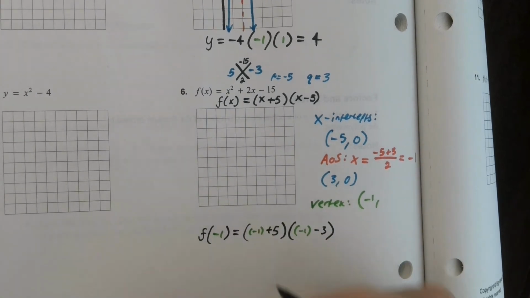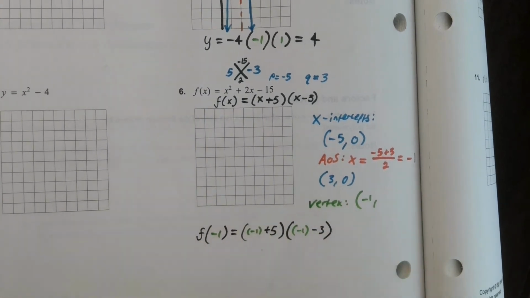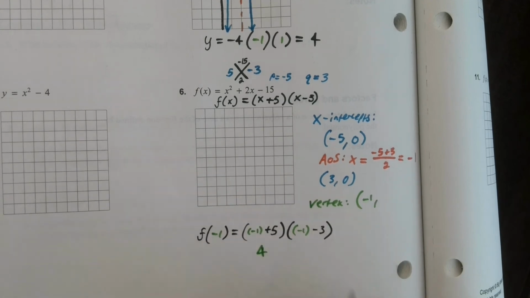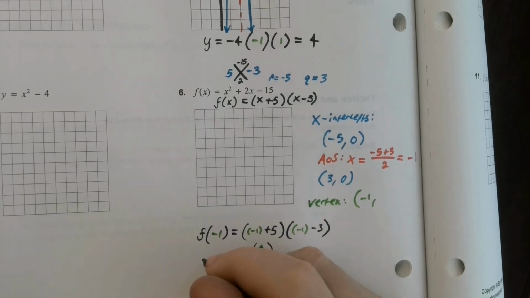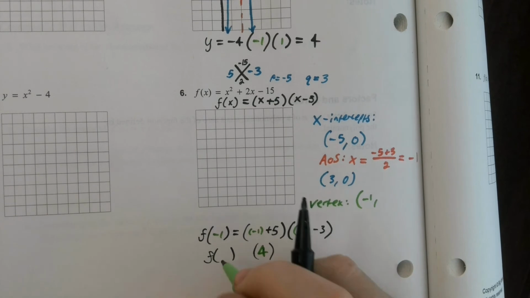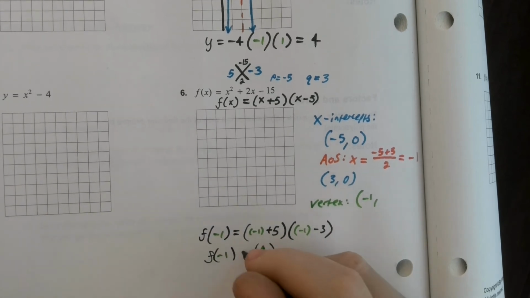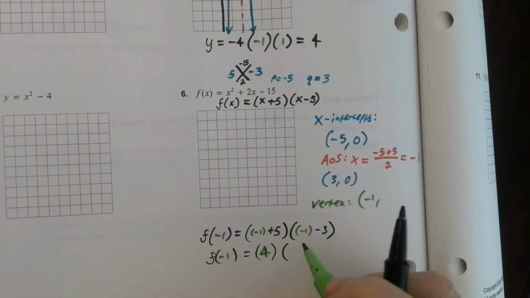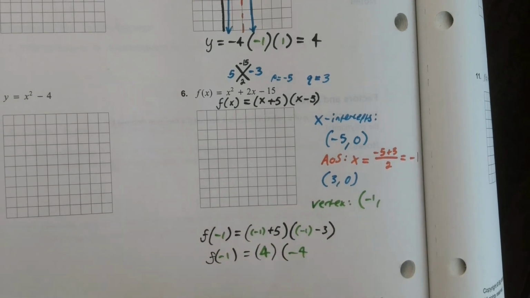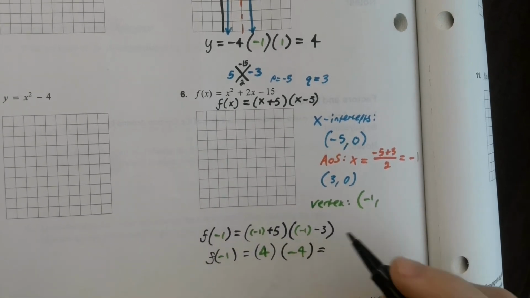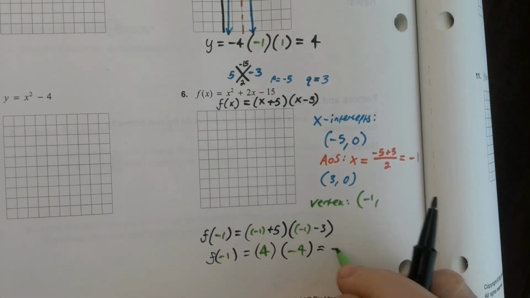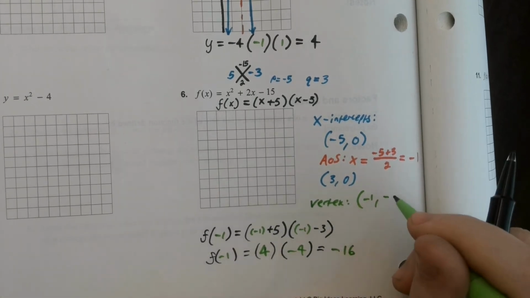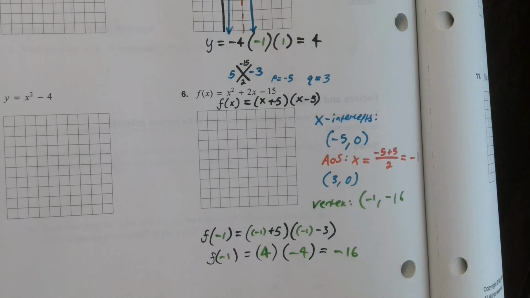Well, -1 plus 5 is just going to give us 4. And, of course, -1 minus 3, that's going to give us -4. 4 times -4 is -16. So our vertex is going to be at -1, -16.